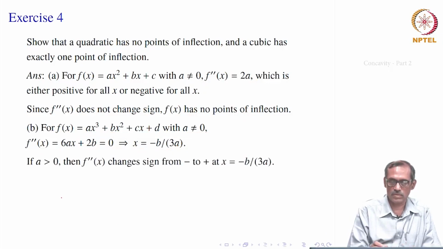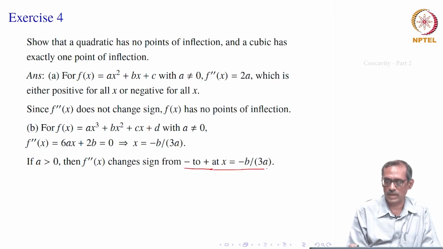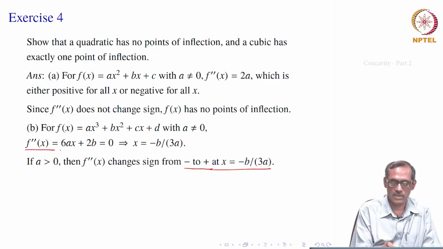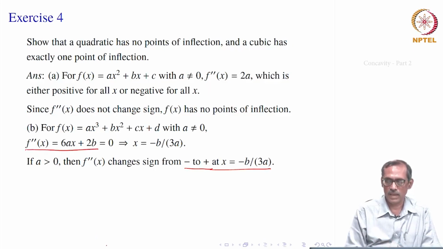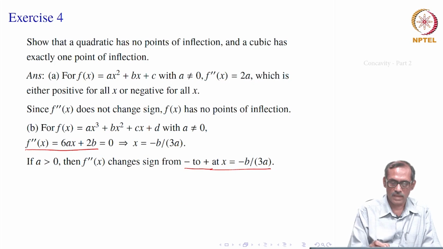Okay. Suppose a is greater than 0. Then f double prime of x changes sign from minus to plus at x equal to minus b by 3a. Just look at f double prime of x, which is 6 a x plus 2b. If x is smaller than minus b by 3a, this becomes negative because a is greater than 0, and if x is bigger than minus b by 3a, this becomes positive.